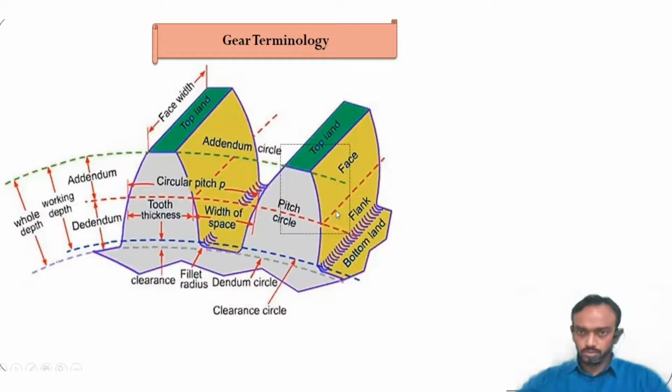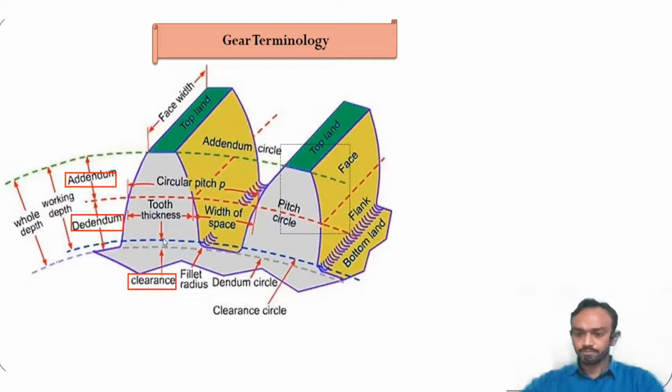So again, all terminology we will repeat. There are some new ones. First of all, check this out. Addendum means the distance measured from the pitch circle to the addendum circle. Dedendum is from the pitch circle to the dedendum circle. Clearance, you can see, is the distance between the dedendum circle and the clearance circle.